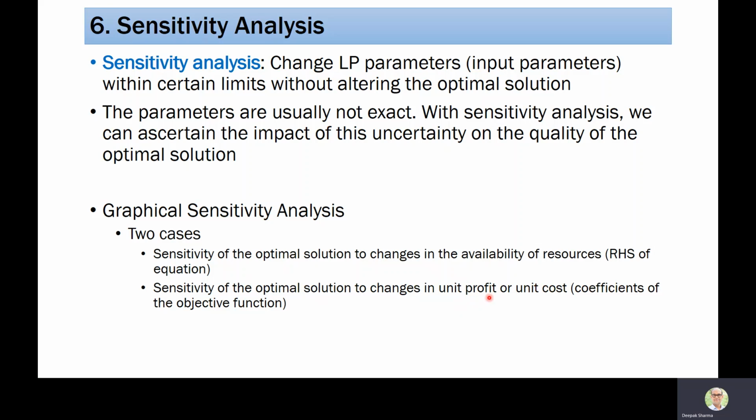Let me take another example on unit profit and unit cost. Suppose we have multiple products that we are selling in the market as an industry. Now, you know that there is stiff competition in the market. For example, mobiles.